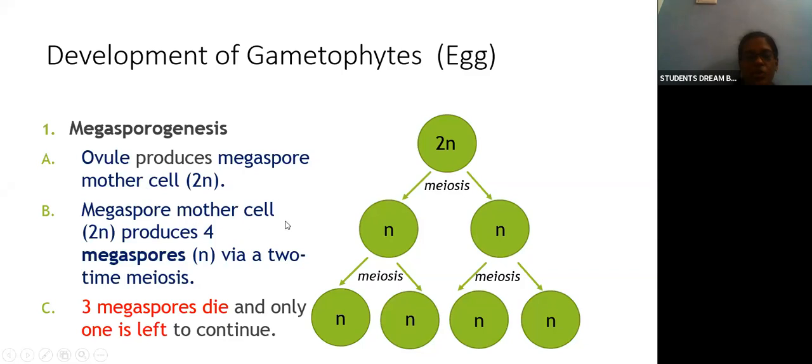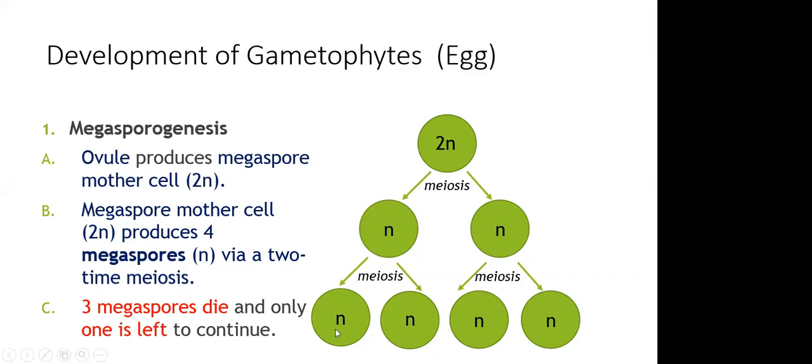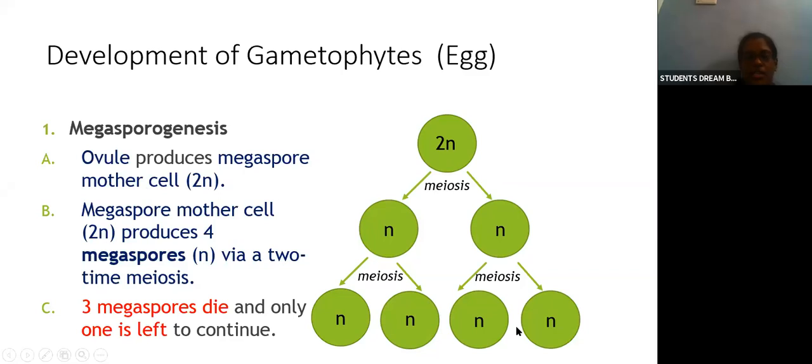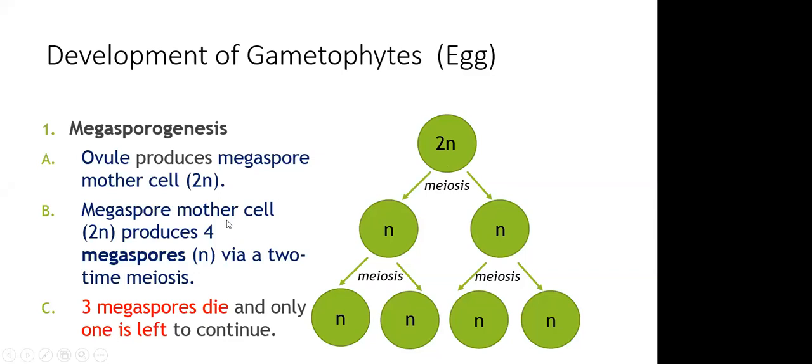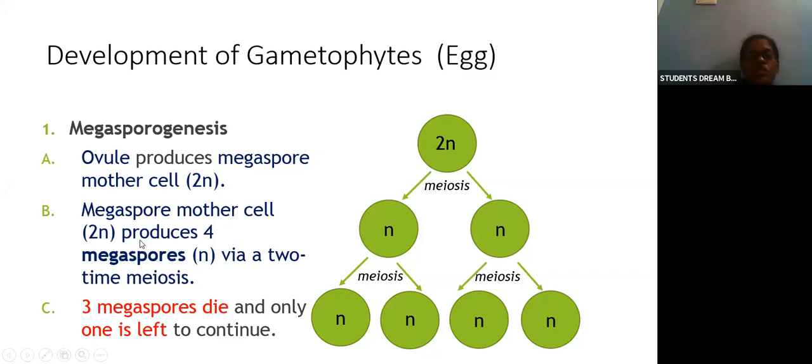The megaspore mother cell will produce 4 megaspores via 2 meiotic divisions, forming a tetrad. Three of the megaspores will die and only 1 will be left to continue. So this is the process: the ovule produces a megaspore mother cell, which produces 4 megaspores via 2 meiotic divisions.